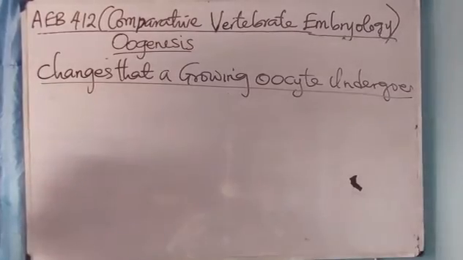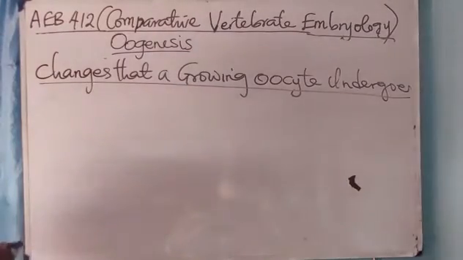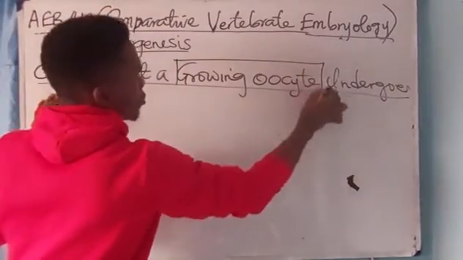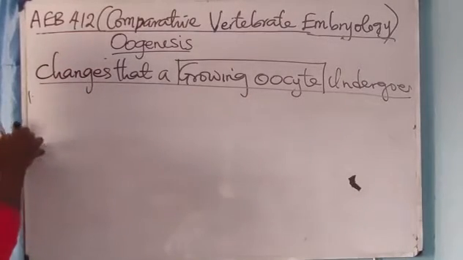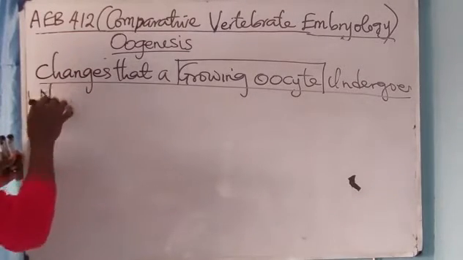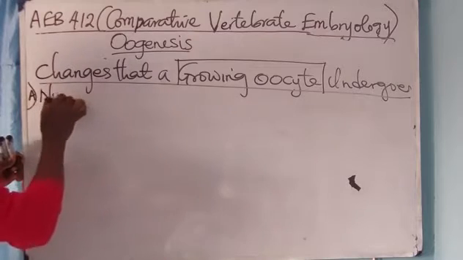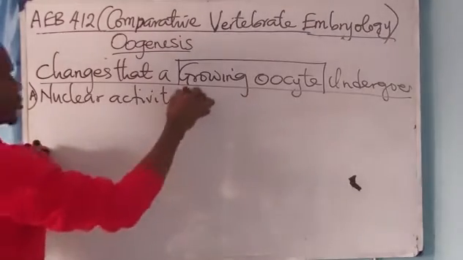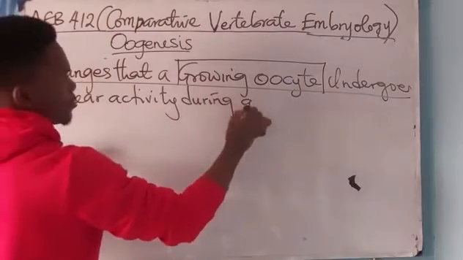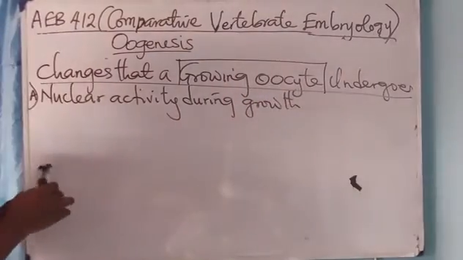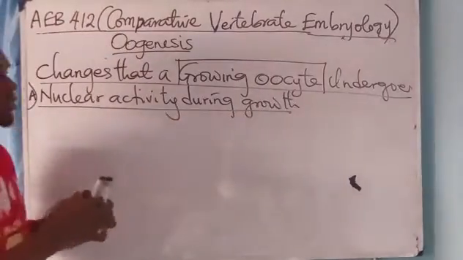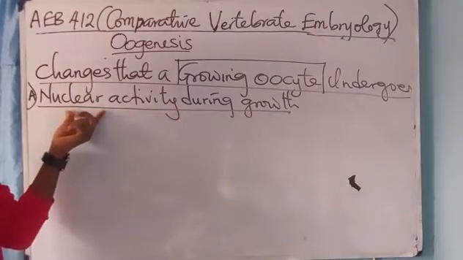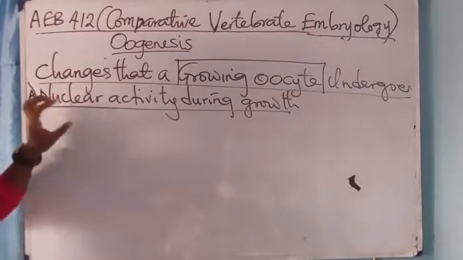So there are various changes that a growing oocyte undergoes. During this growth period, we have the nuclear activity. Let me make it as A. Nuclear activity during growth, which means that the growth of the oocytes depends on the nuclear activities, or the activity that occurs in the nucleus, all right?